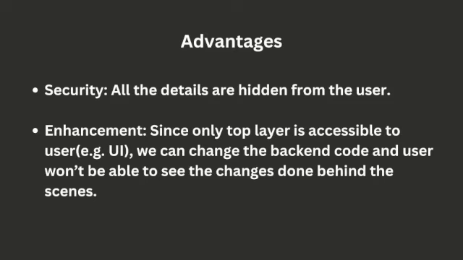They won't know how the details have been changed from one language to another. For them it will be like there are no changes, but behind the scenes many changes have been done. So that is one of the primary examples, and a good example, I would say, for data abstraction.